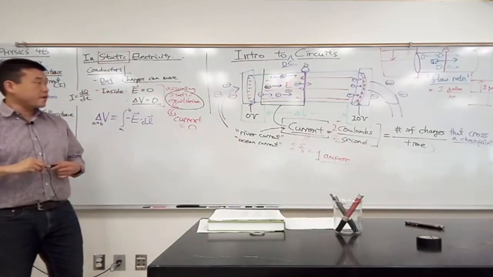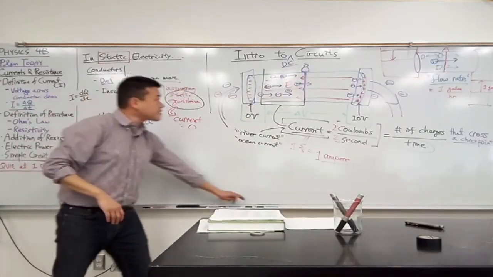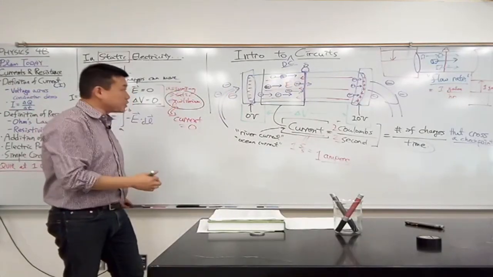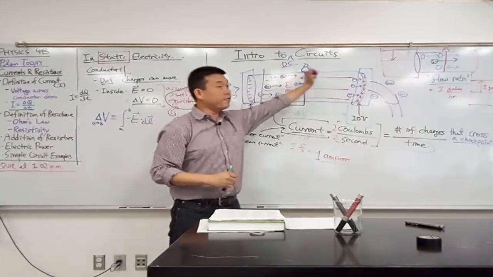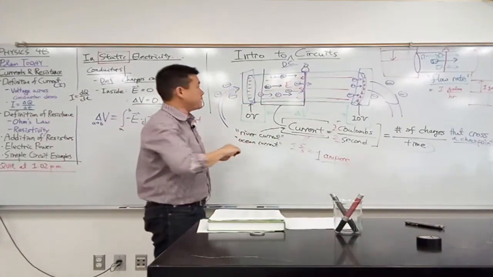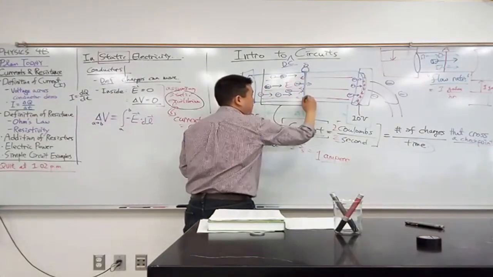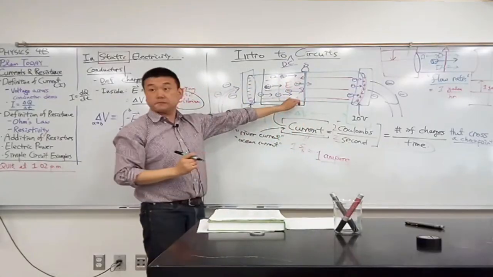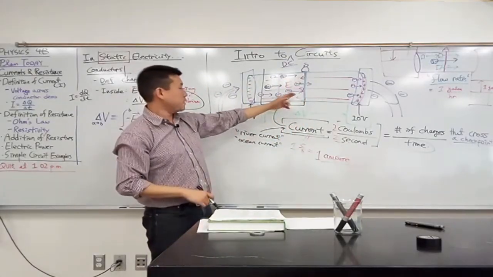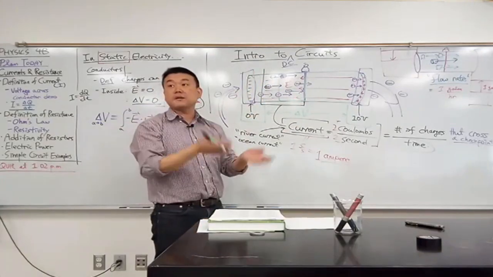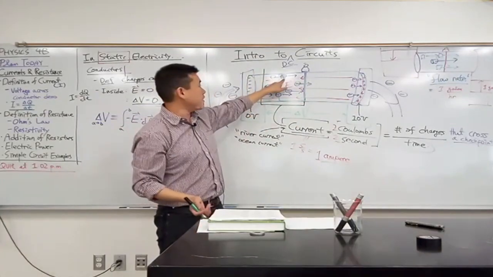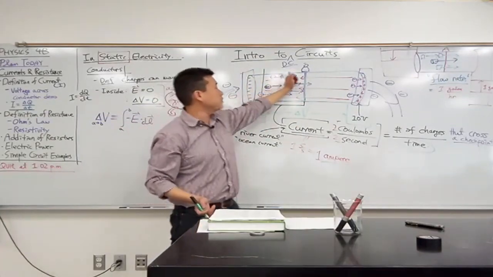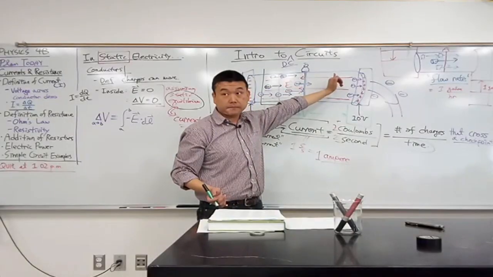In 1 second, the number of charges that will cross this boundary can be expressed by the number of charges that fall within this volume here. If we imagine some kind of speed, then charges that are here have enough speed to cross the boundary in 1 second.